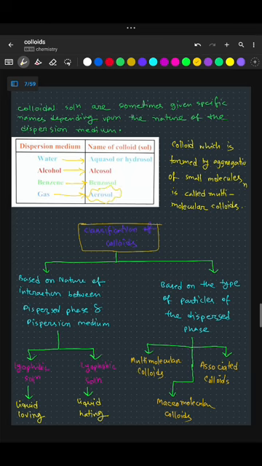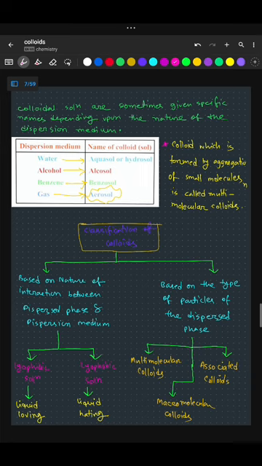Aerosol is something that a lot of us have seen being used in our day-to-day life, so that's where you can relate to that. Another note is that a colloid formed by aggregation of small molecules is called a multimolecular colloid. We'll see that when we study the classifications of colloids.